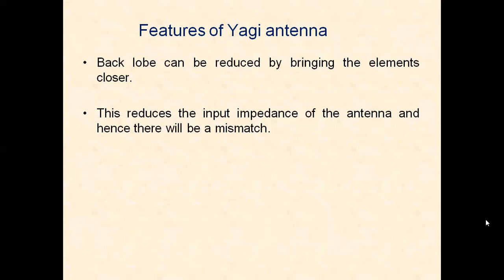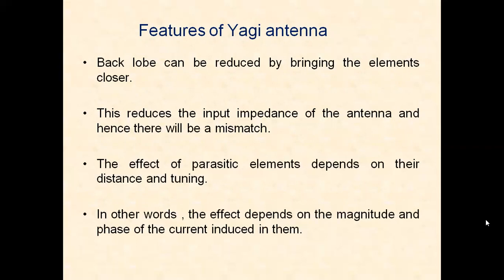This reduces the input impedance of the antenna and hence there will be a mismatch. Therefore, we have to go for a certain compromise: how much bandwidth is required, how much energy in the forward direction is required, how much input impedance we require. Based on this, we can design the elements of the Yagi antenna. The effect of parasitic elements depends on their distance and tuning, how much distance these parasitic elements are placed.